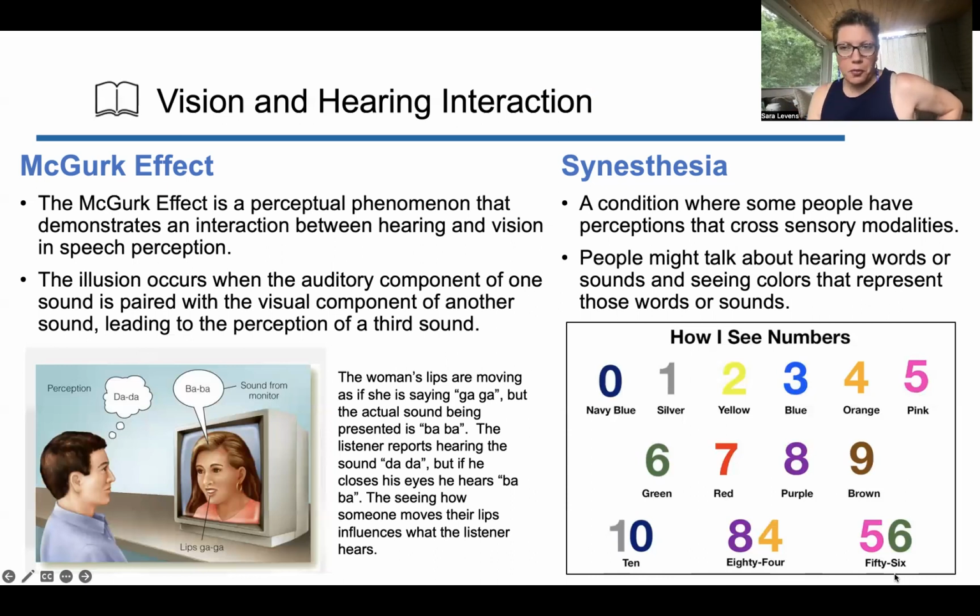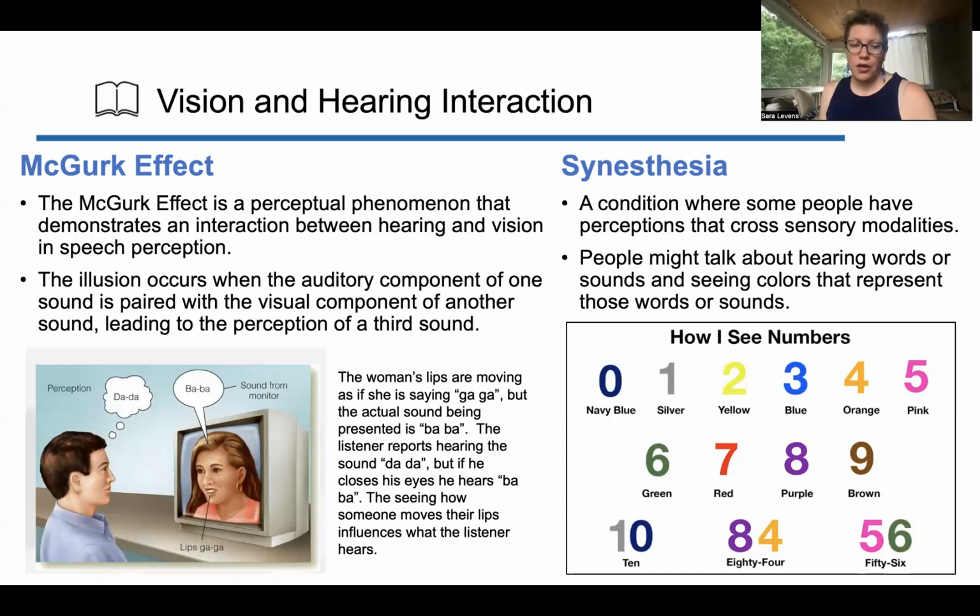This is also interesting because for us, 5 and 6 in terms of 56 is an entirely different number. But for a synesthete, you would have the 5 and the 6 colors, because it's a perceptual phenomenon, with that combined experience, and it's not necessarily a new color formed between 5 and 6.